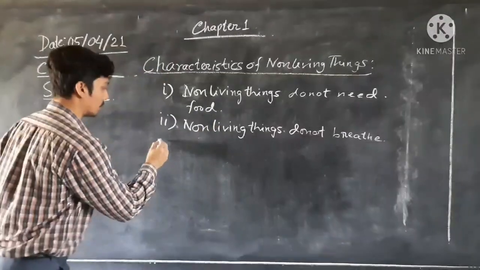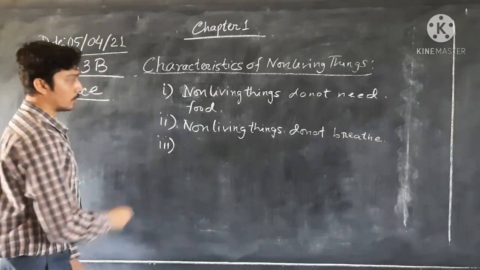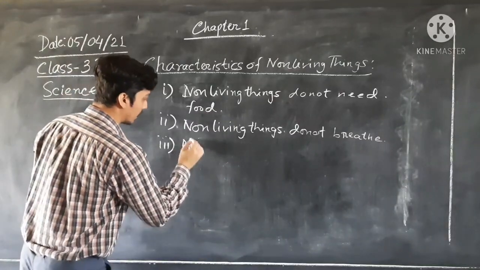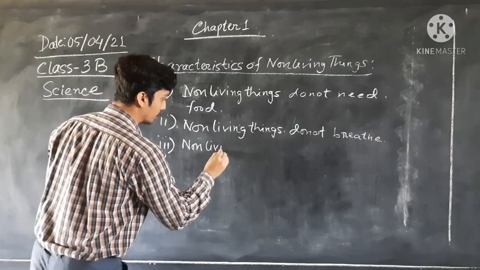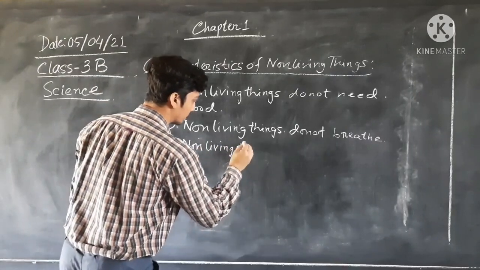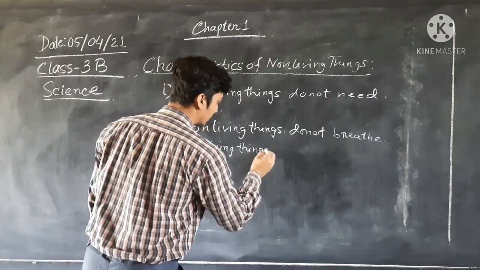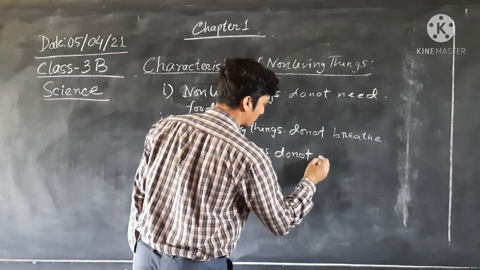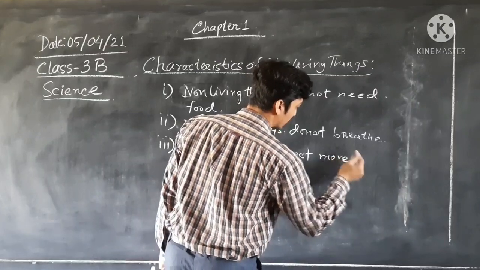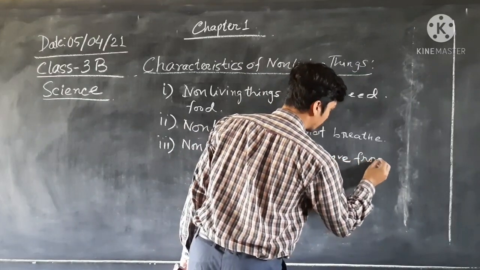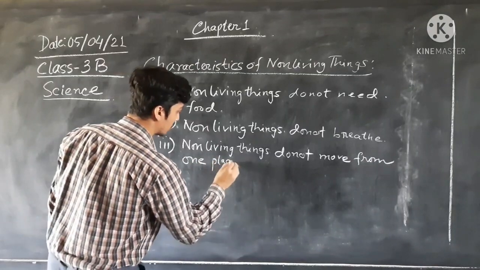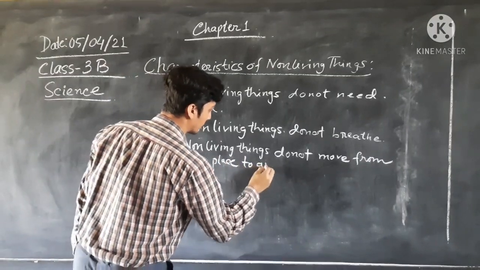So what will be the third characteristic of non-living things? Non-living things don't move from one place to another.